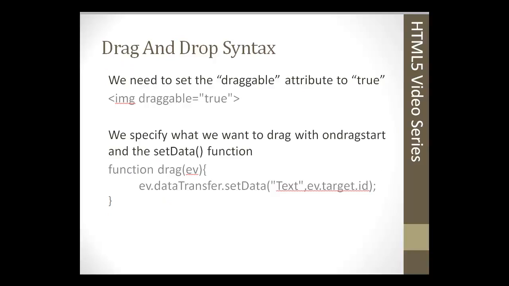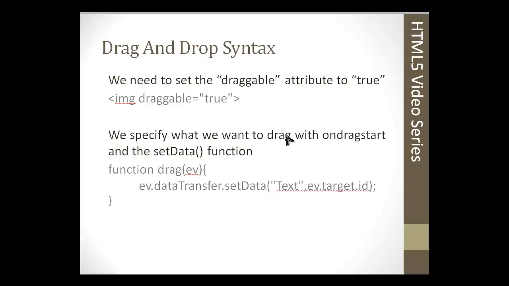So now we know how to detect certain features such as drag and drop, and now I'll get into a little bit of the syntax for drag and drop. Now, like with most aspects of HTML5, we need to use some JavaScript to do the calculations or processing or animations or anything like that.